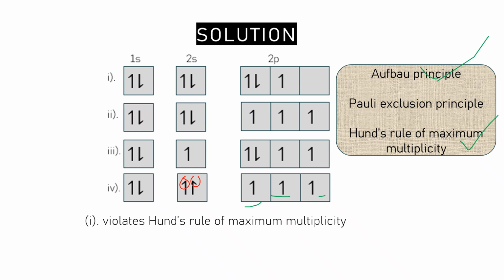It should be plus half and minus half. Pauli's exclusion principle says that no two electrons can have the same set of the four quantum numbers. If it's like this, which one is plus half and which one is minus half? There should be a clear distinction.